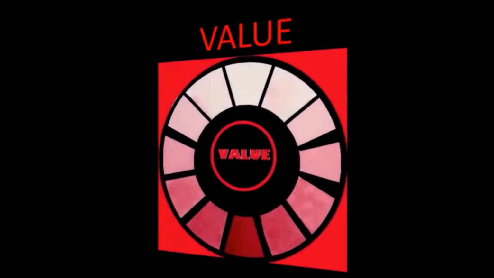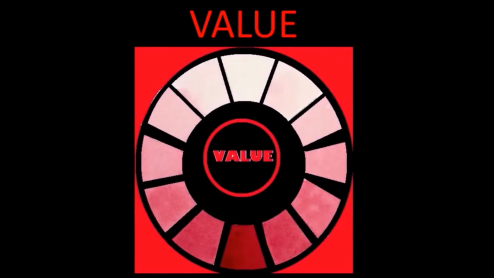Hue is the name of the color. Value is the relative lightness or darkness of a color.